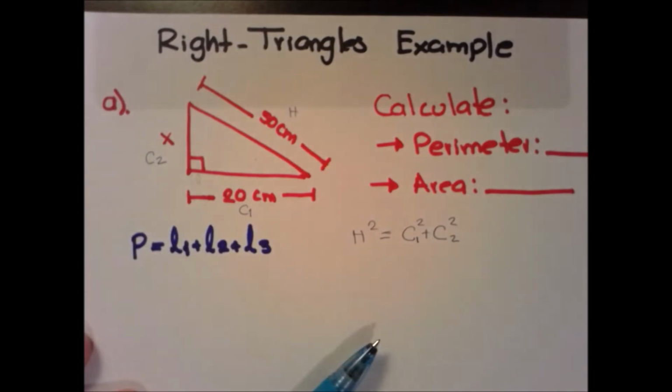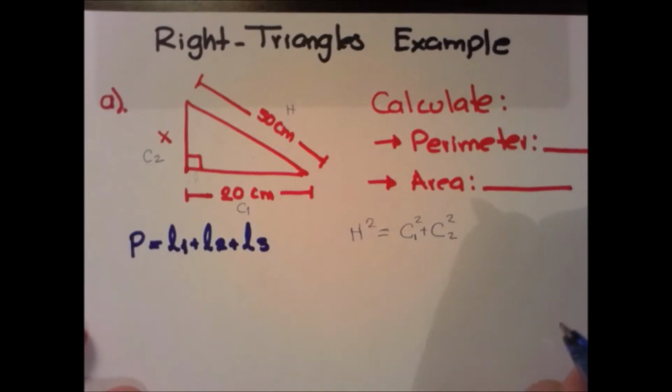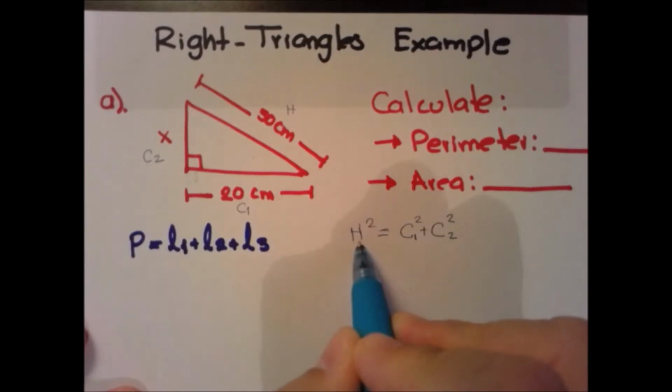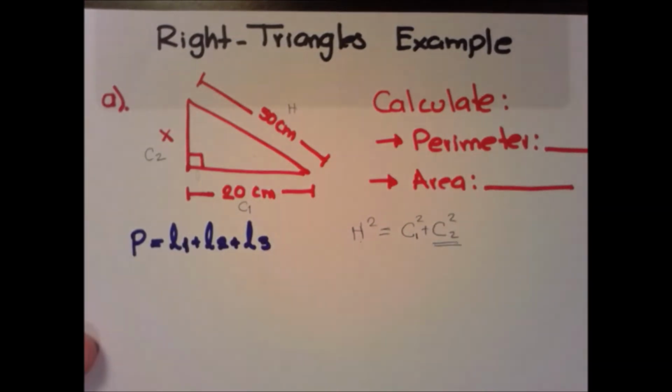So now we are going to make a clear process, because I have that information and I have this information, but I would like to know this length.